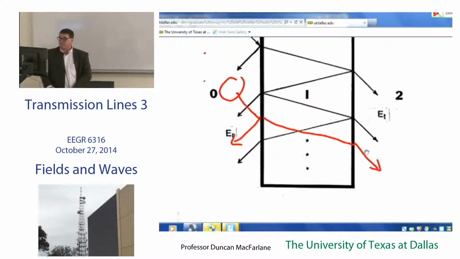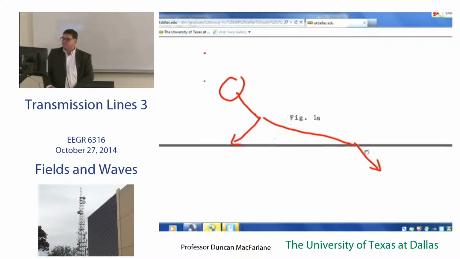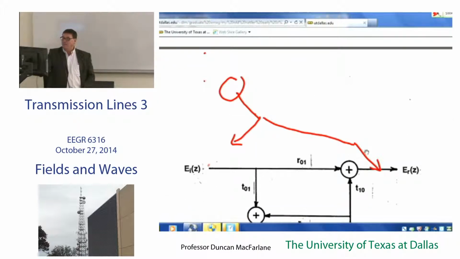So part of the light comes in, it gets reflected, part of it goes through, and then part of it comes back out at you.